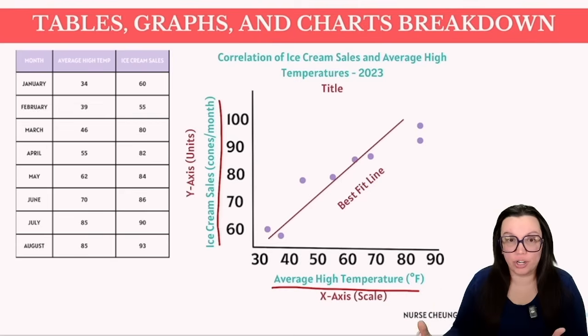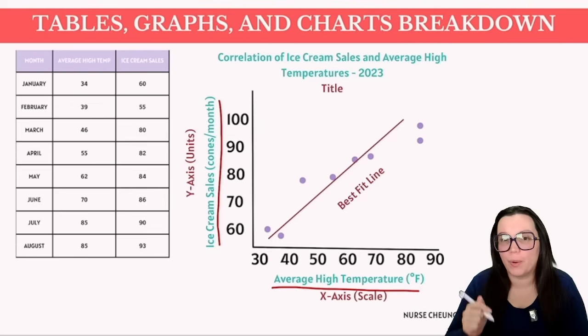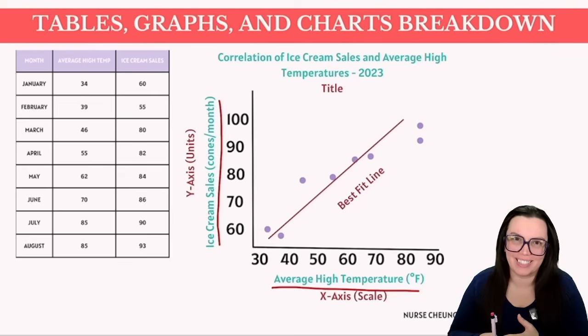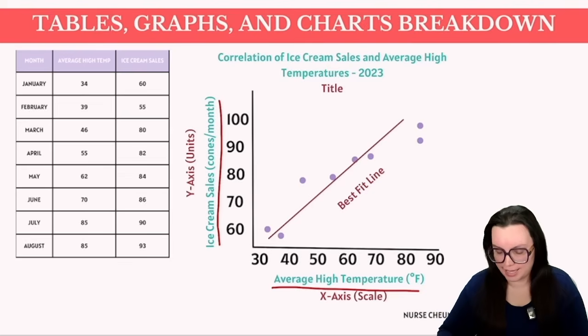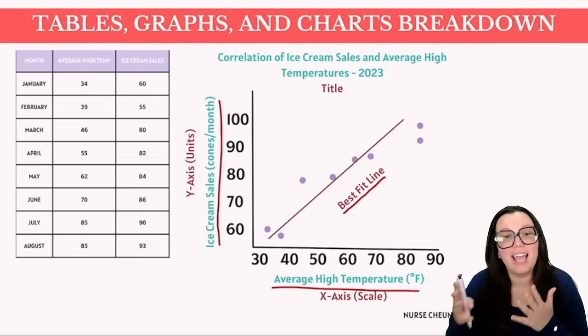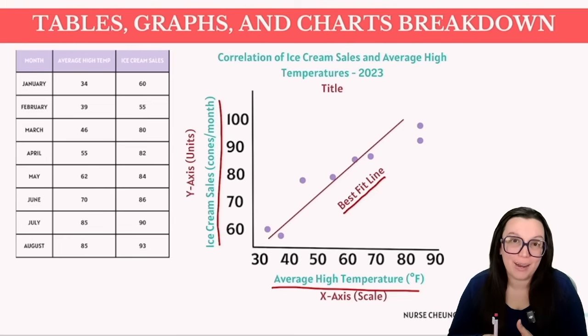After labeling our chart, we can now plot the data points. In a scatter plot, each point represents a data pair correlating temperature with sales. The arrangement of these points can reveal patterns or correlations. An important feature of our scatter plot is our best fit line. This line represents the average trend through our data points.